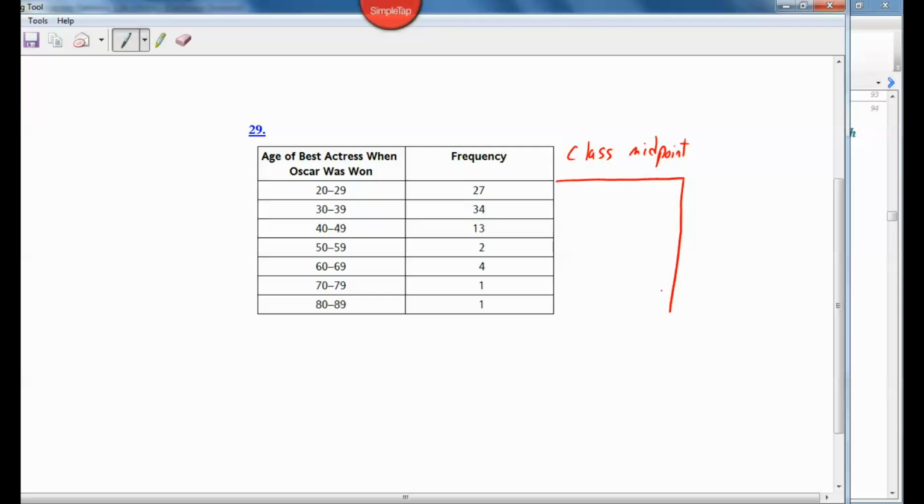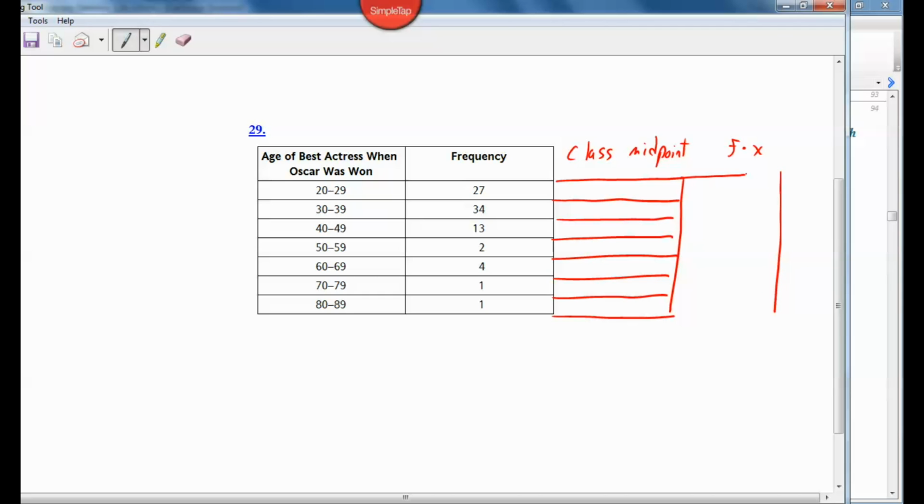We'll do that by just extending this table here. Then we'll make another column that's going to be the frequency times the class midpoint. Then of course we're going to need to find the sum of the frequencies, and the sum of the frequency times the class midpoint.